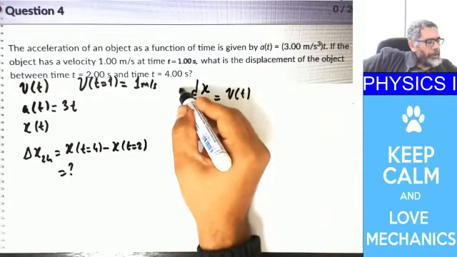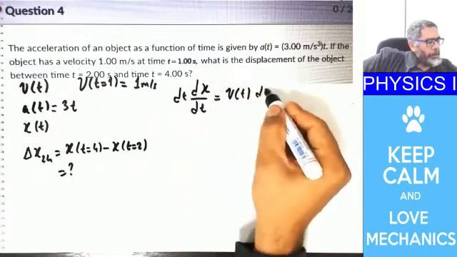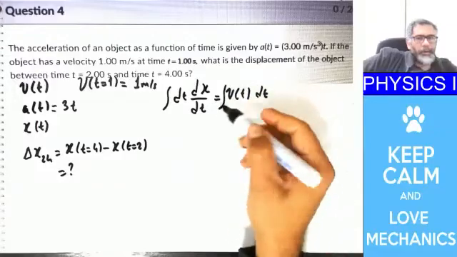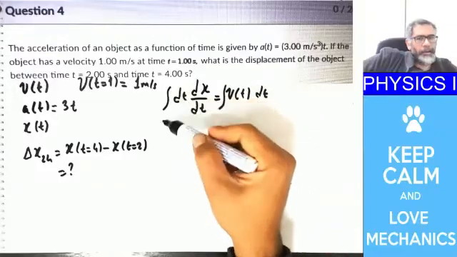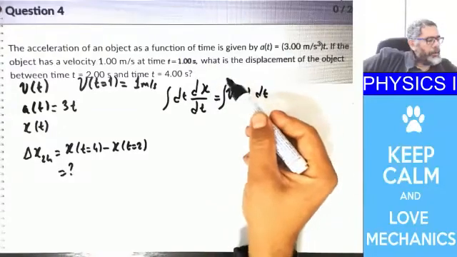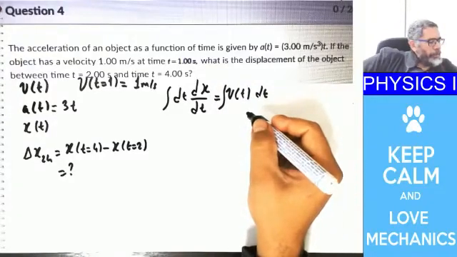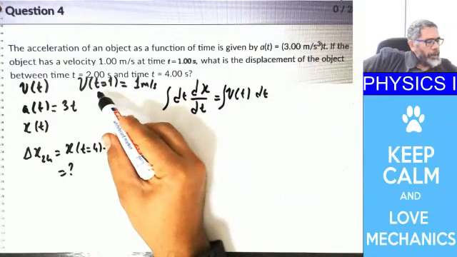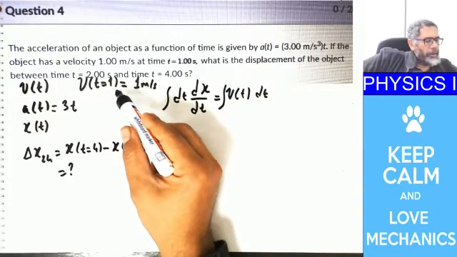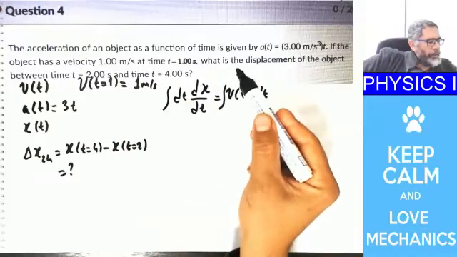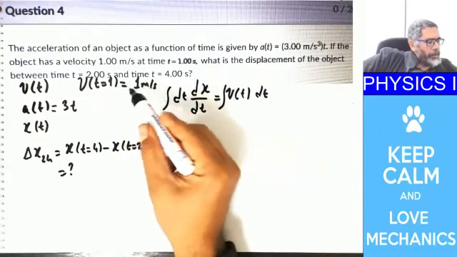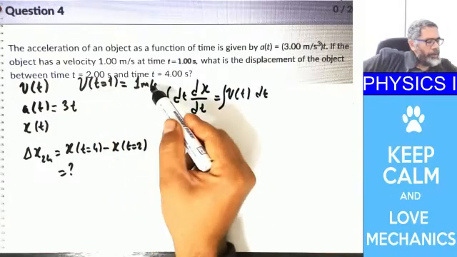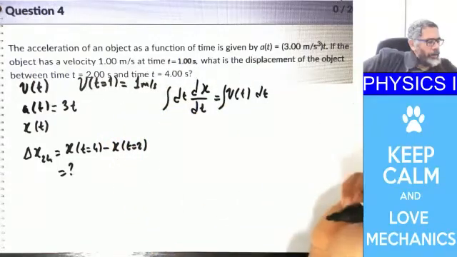And if I multiply both sides by dt and take the integral, of course, you have to put the limits of the integration. This is important. We know that the given velocity value is at time t equals t1, right? Sorry, time t equals 1, v is 1 meter per second at time t equals t1, right?